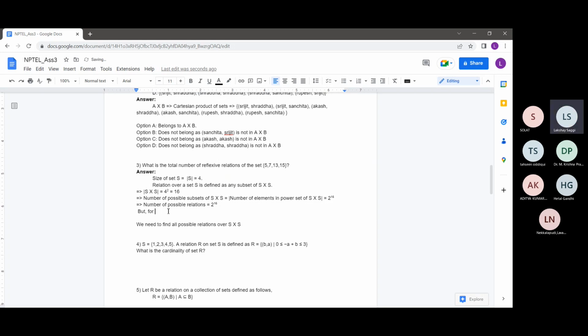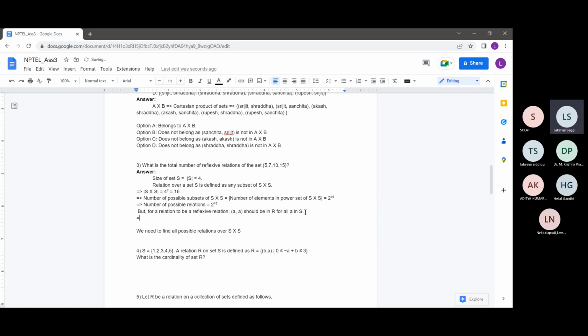But for a relation to be a reflexive relation, some elements must be in it: a comma a should be in R for all a in S. So for all elements a of S, a comma a should be part of the relation. Otherwise, the relation won't be reflexive. And if this condition holds true, then it is a reflexive relation.